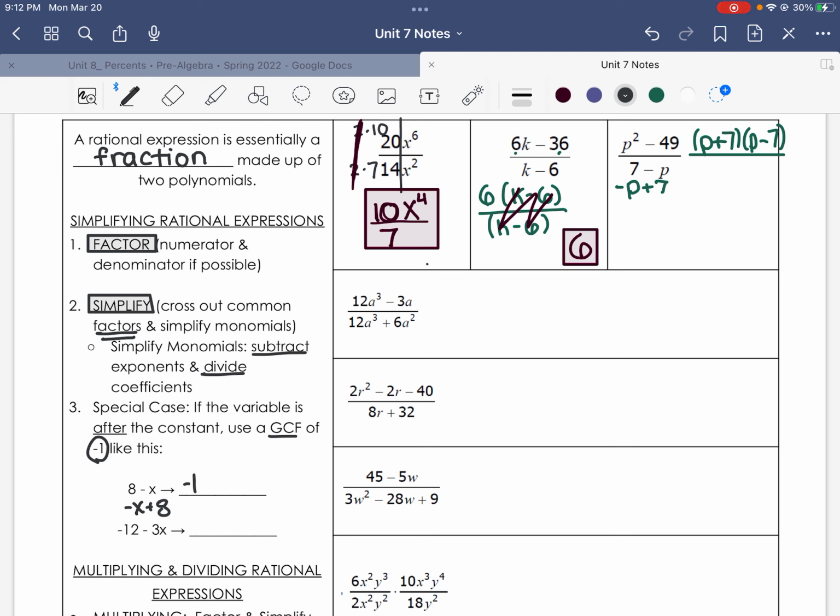What that does is if you take out a negative 1, negative x divided by negative 1 is positive x, and 8 divided by negative 1 is negative 8. So it sort of allows you to flip the signs around so that the x is now positive. If you don't know how to do this, then you'll miss common factors that otherwise would have canceled out.